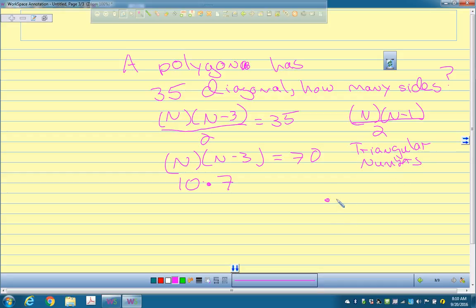So if I did like 1, 2, 3, that's not right. Here we go. So the first triangular number looks kind of like a triangle.